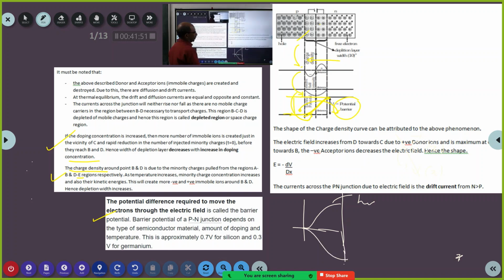Got it? Like this. So that is the significance of this potential energy barrier. Now what it is trying to explain to you here is that the holes initially diffused.